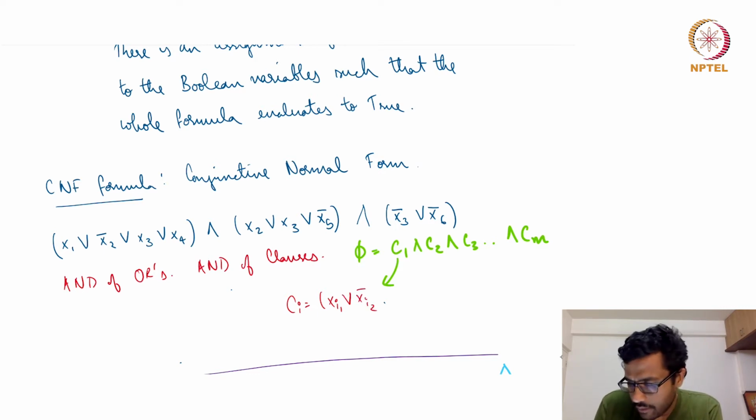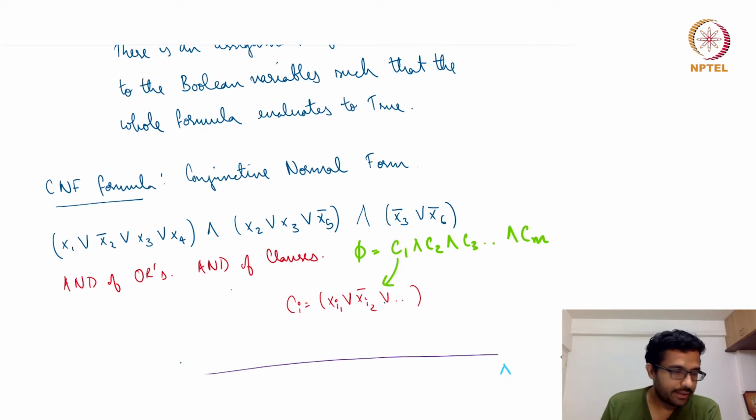Sometimes some of them would be complemented, something like this, right? So what we have here above in the blue is a conjunctive normal form because we have three clauses.